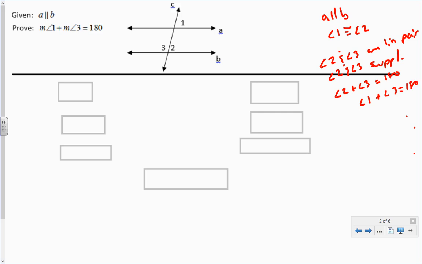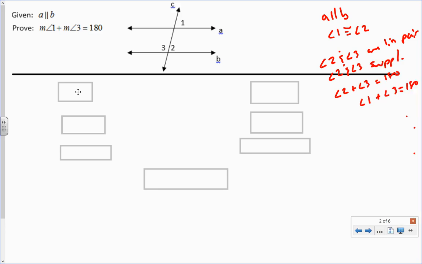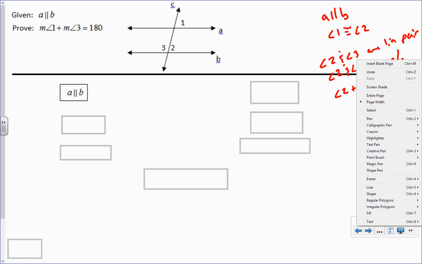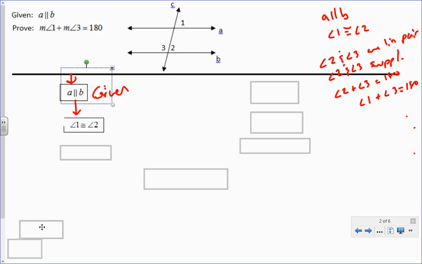So in this case, let's start with our first given piece of information, which is A is parallel to B. That's my first thing, and that's given. Then if A is parallel to B, we said a minute ago that I can now say that angle 1 and angle 2 are congruent.